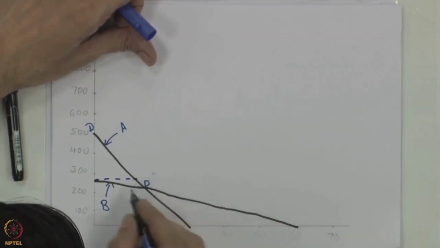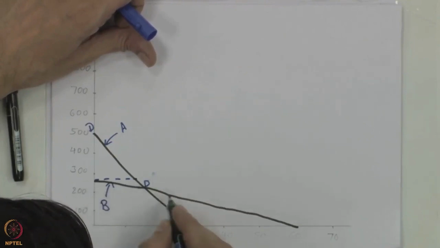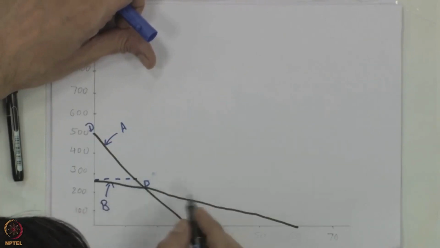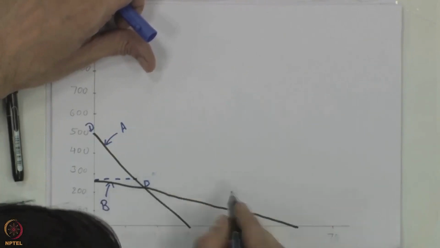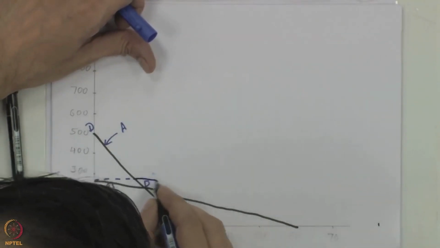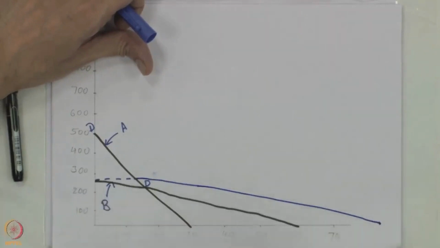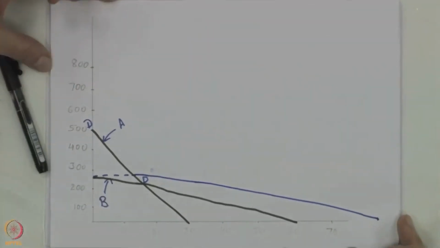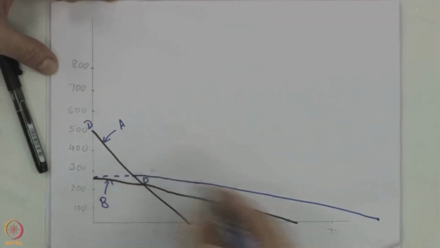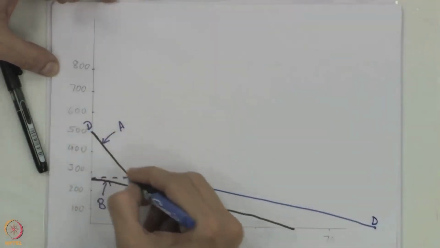At any point, we take QA and QB, and this will be the total demand. So, this is now going to go to about 90 over here. This is our aggregate demand curve, this is the shape.